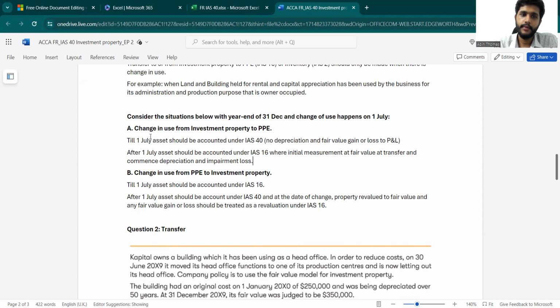Whenever there is a change from investment property to PPE, let's assume it happened in the mid of the year, it has to be initially measured at the same fair value of the asset valued under IAS 40. That same fair value has to be taken as the initial cost in IAS 16. And then we will commence the depreciation and impairment loss.